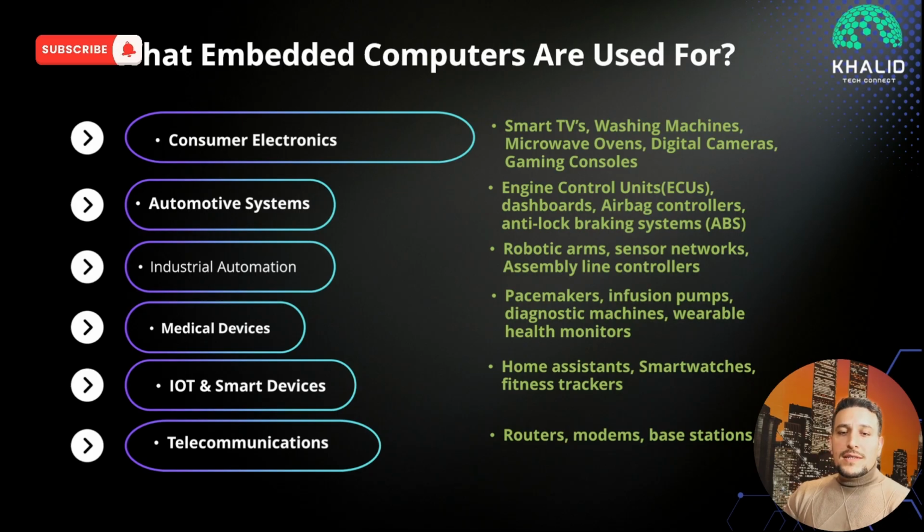Medical devices: pacemakers, infusion pumps, diagnostic machines, wearables, healthcare monitors. IoT and smart devices like home assistants, smartwatches, fitness trackers. Telecommunication like routers, access points, modems, base stations. So these are some embedded computers that we use and see every day, but of course we don't think that they are computers, but they are all computers. Just the name is embedded computer.